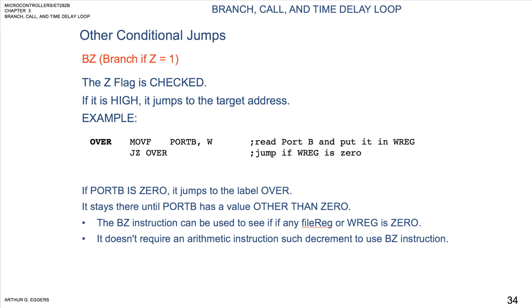Notice the branch if Z instruction can be used to see whether a file register or a working register is 0. More importantly, you don't have to perform an arithmetic instruction such as decrement to use the BZ instruction.